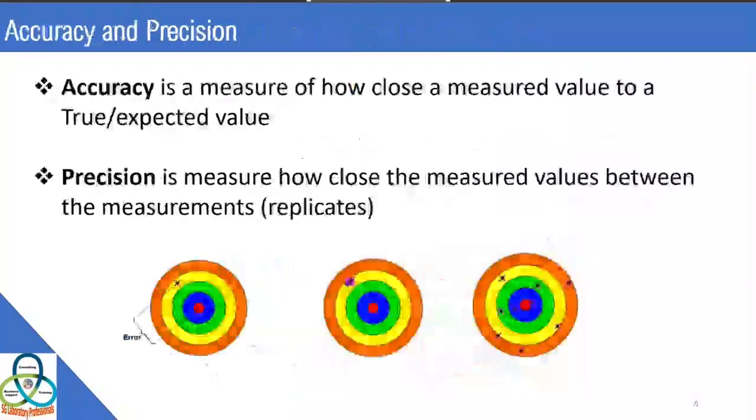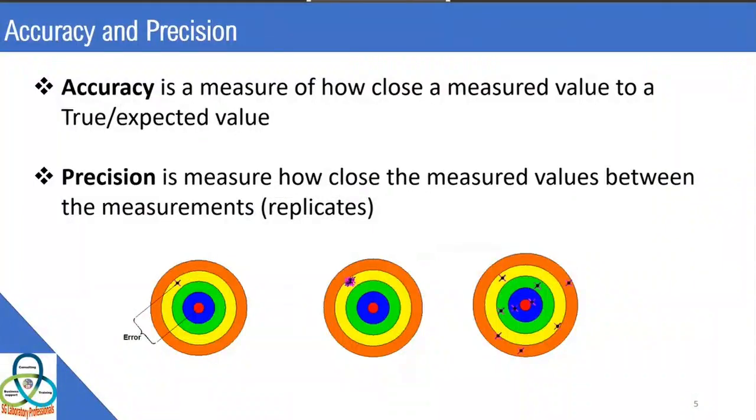So one needs to understand what accuracy is and what precision is. Accuracy is a measure of how close a measured value is to the true or expected value. Similarly, precision is a measure of how close the measured values are between the measurements, that is, replicates.